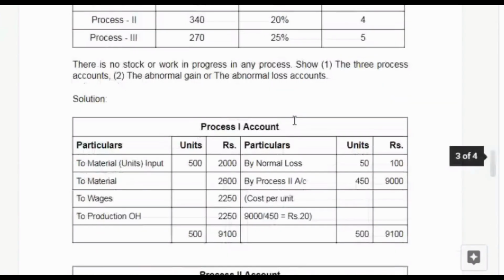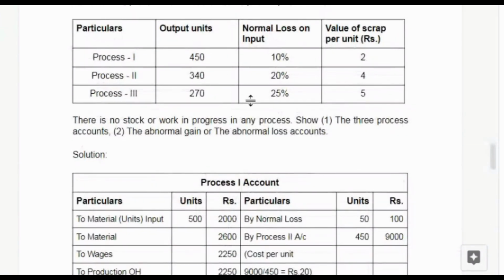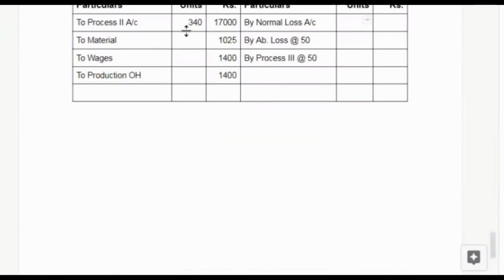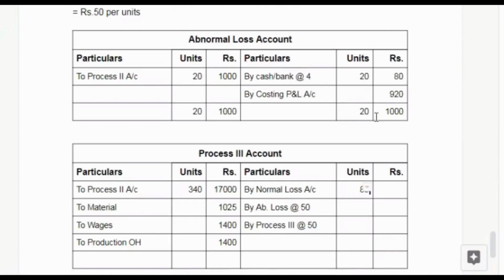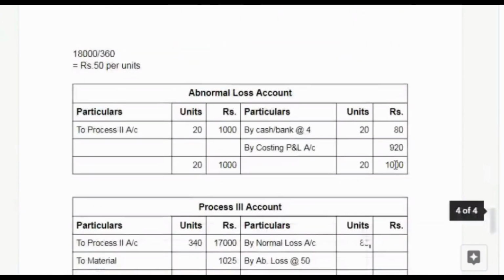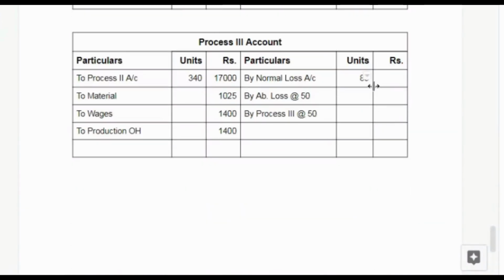Normal loss percentage is 25% of input and 270 is the output. Let's take 25% of 340. That is 85 units. And the scrap value is 5 rupees. So 85 multiply 5 is 425. Okay, this is at rupees 5.